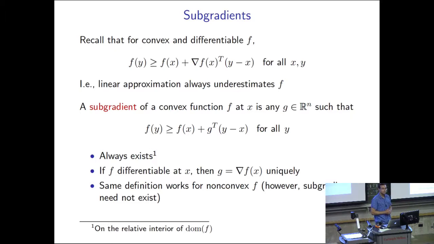If the function is infinite at a point, then that point is not in the domain, and a subgradient need not exist. That's a very small caveat, since we typically don't talk about taking subgradients or gradients off the interior of the domain. The proof of this, if you're curious, is just an application of the supporting hyperplane theorem, one of the core properties of convex sets that we learned.